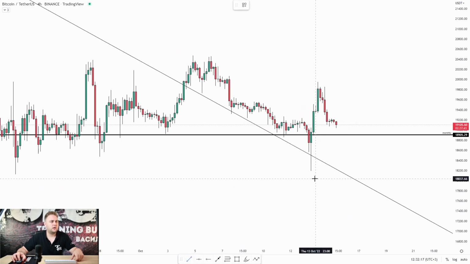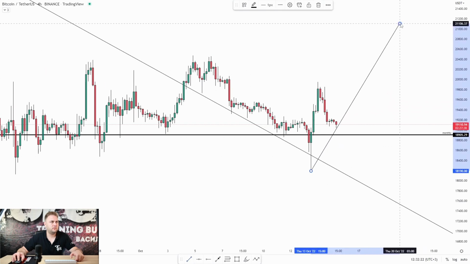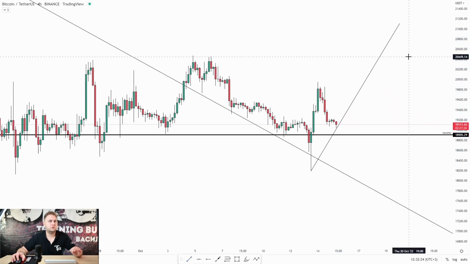We cannot make our ascending trend line just like this, because, as I'm explaining, this is an impulse wave. Because it breaks this structure and it's making a retracement, but we cannot say that this is the end of the retracement yet, because the new impulse wave has not started yet.